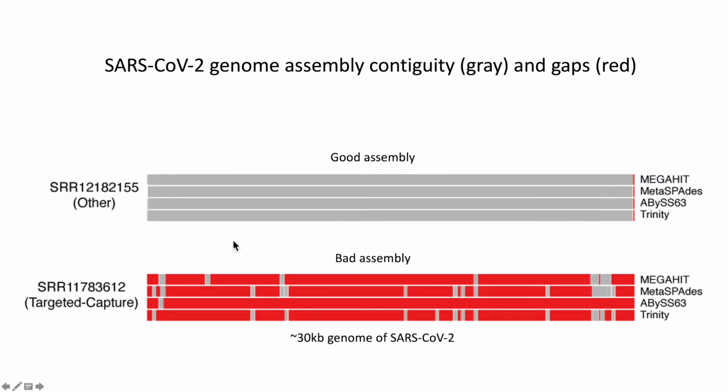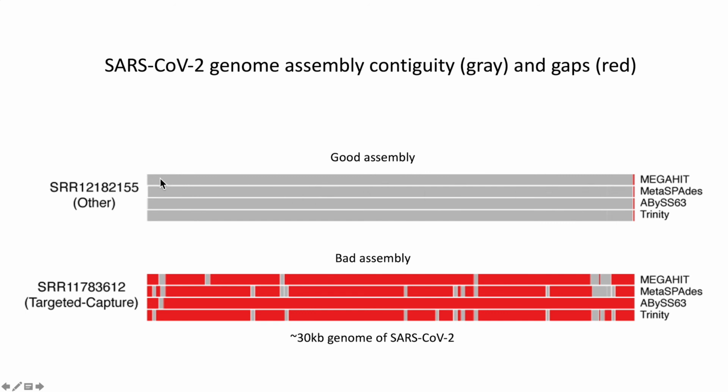We have found that some of the samples always have a better assembly independent of the assembly tool, and some of the samples have very bad quality assembly whichever tool we use. For example, here I am showing a good quality sample that we assembled using 4 different assembly tools, and this is the coronavirus genome.